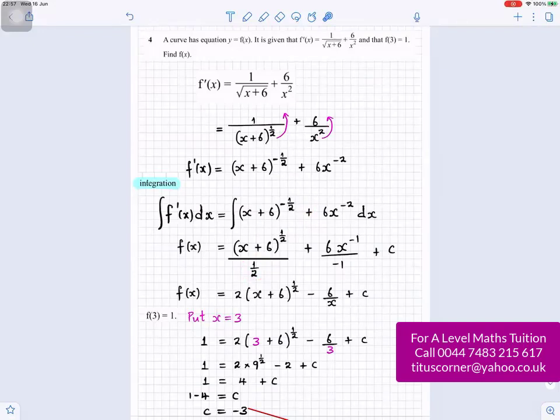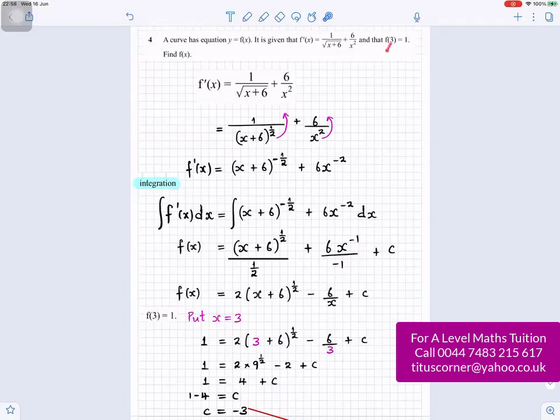Add 1 to the power: minus 2 plus 1 gives you minus 1. And you divide by the minus 1. So you have 2 times (x plus 6) to the power half minus 6 over x plus c. We bring this down to the denominator, so it's 6 over x.